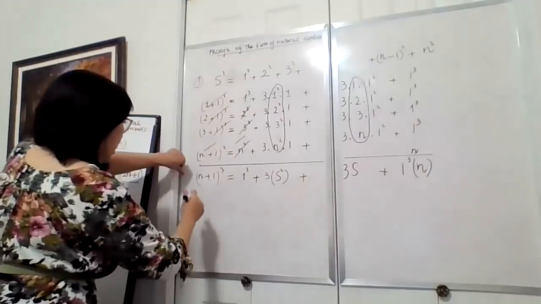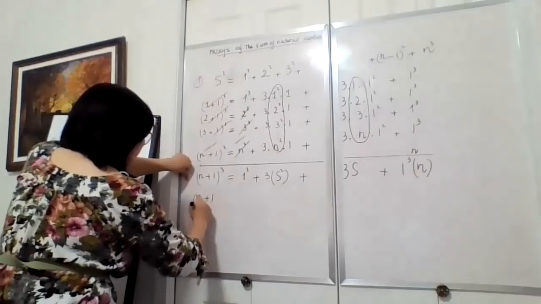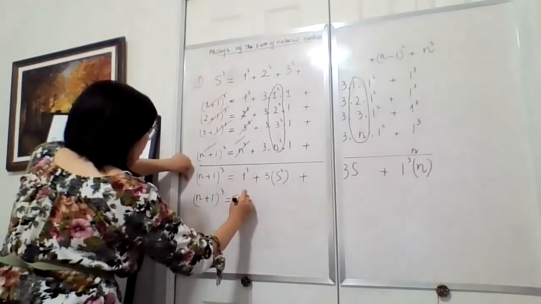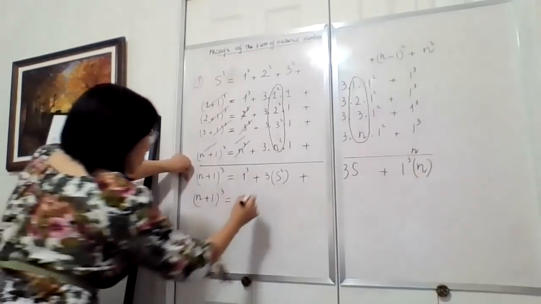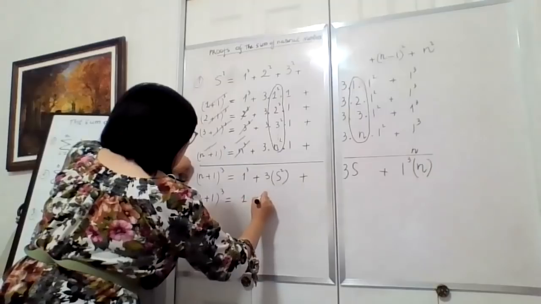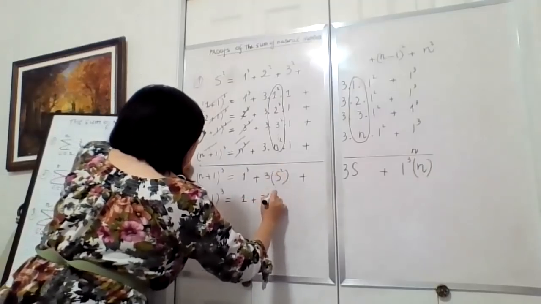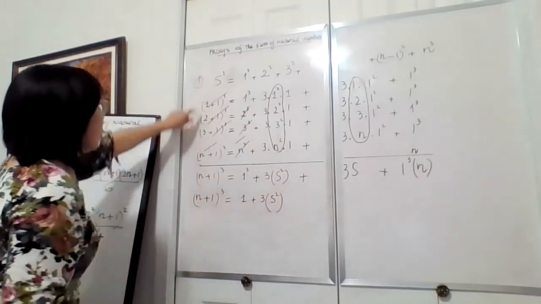So everybody see this. Now I'm going to substitute. This, I still leave it the same way. For this one, I'm going to just put 1 instead of 1 to the power 3, they are the same. Adding with 3. Now, instead of s squared, actually, I still can put s squared for now, okay? Because that's what I want to solve for, right?